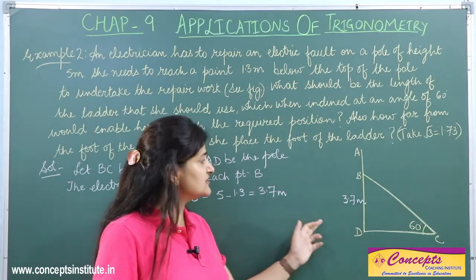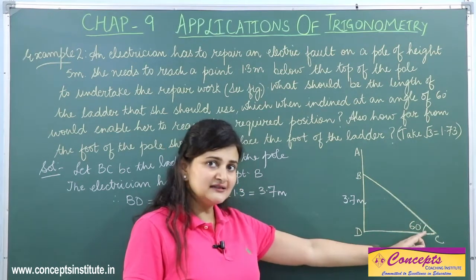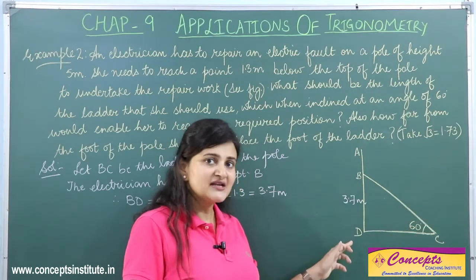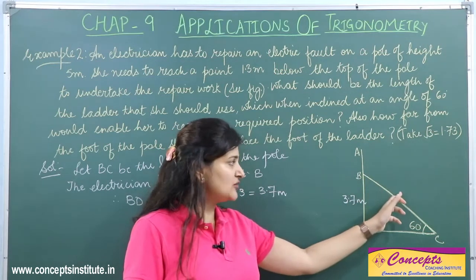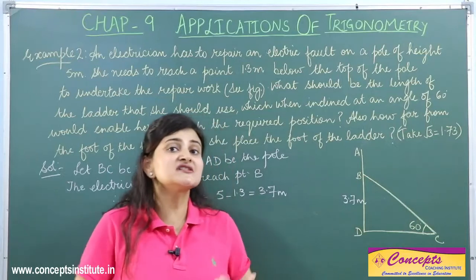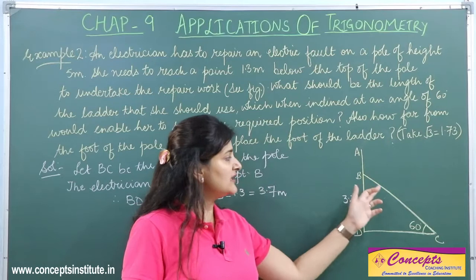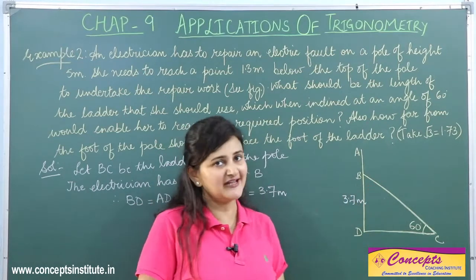Now students, we are supposed to find out BC, and what do we have? This is the angle, the side opposite is the perpendicular. So we are supposed to find out the hypotenuse, and perpendicular is also already known to us. So which T ratio can we use? Sine. Why? Because perpendicular upon hypotenuse is sine of an angle, right?